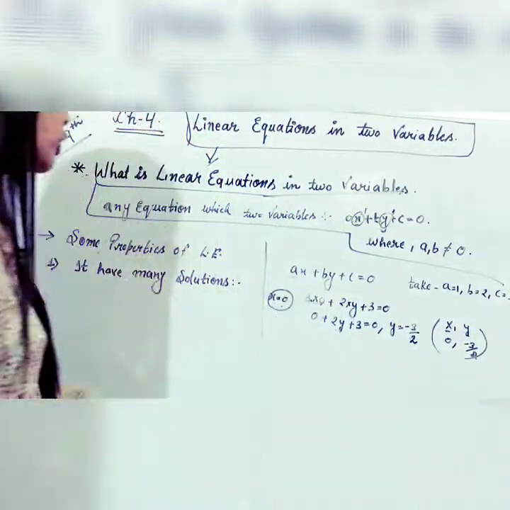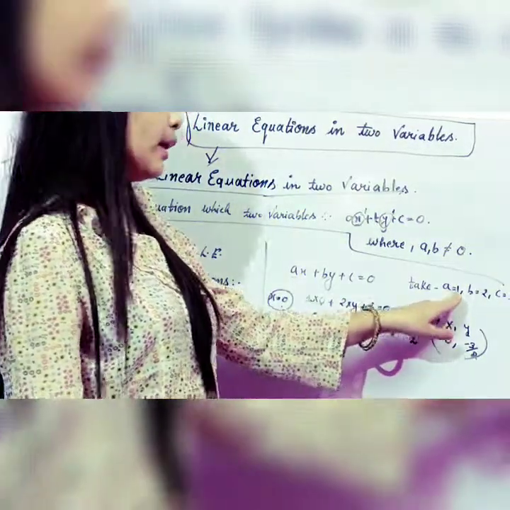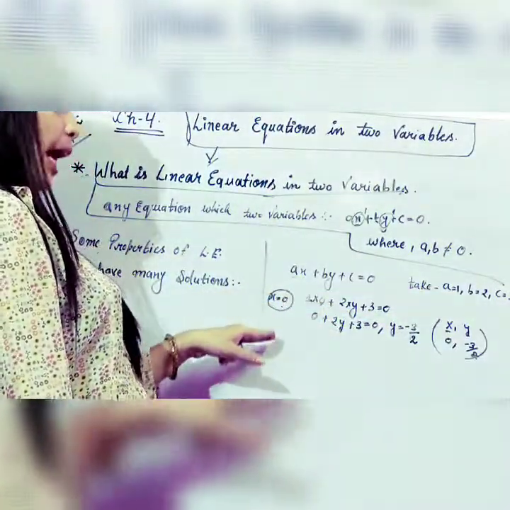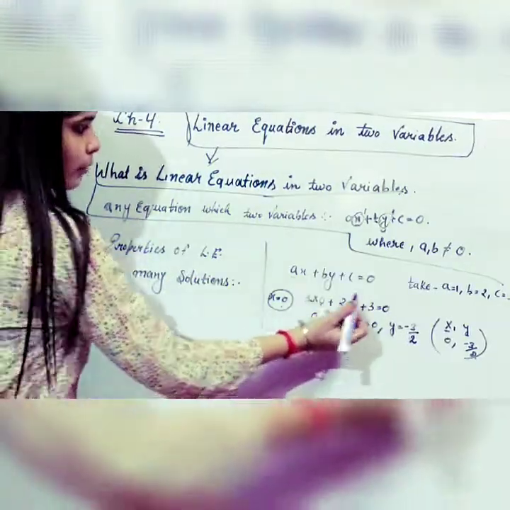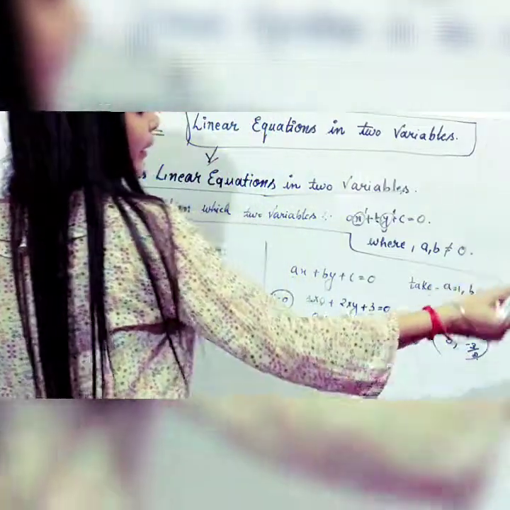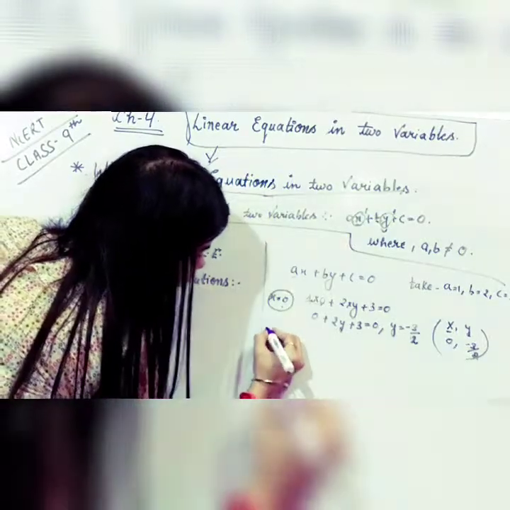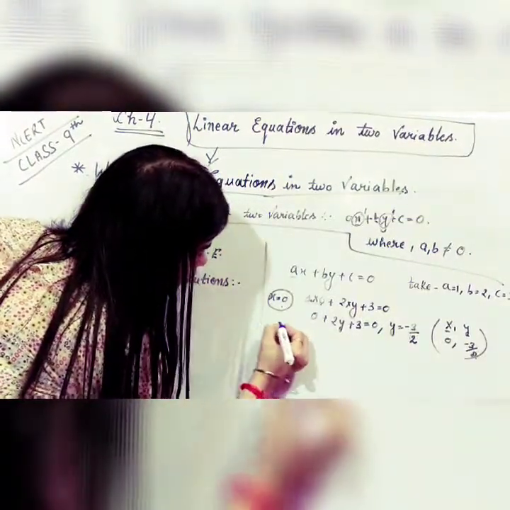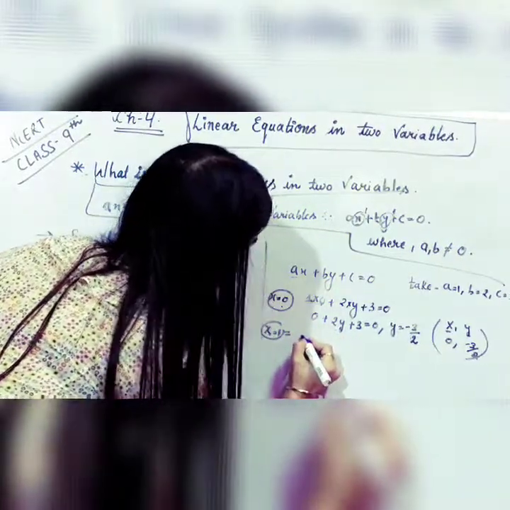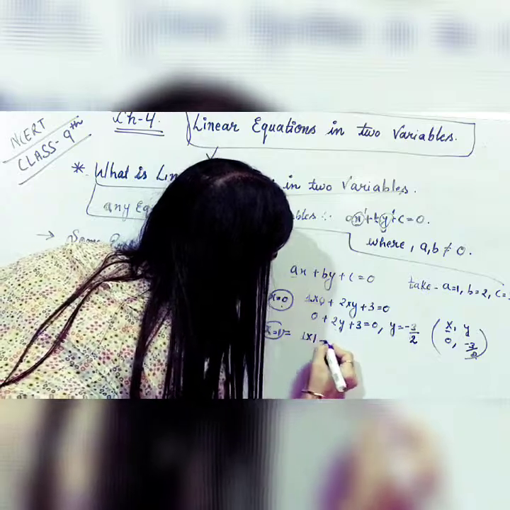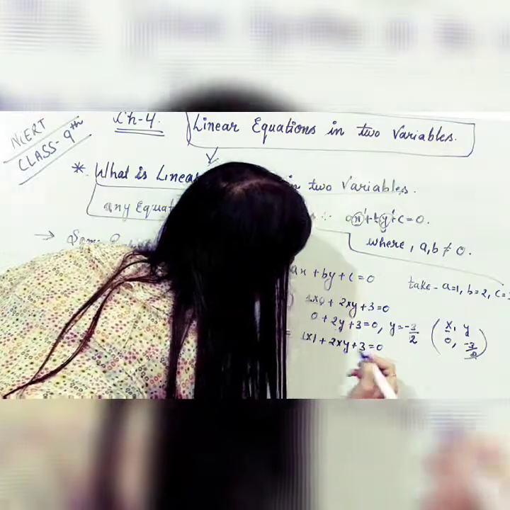When we put the value 0 in the linear equation and take a, b, c as 1, 2, 3, then we get the value of y as minus 3/2. Now if we put x equals 1 in this equation, then 1 into 1 plus 2 into y plus 3 equals 0.